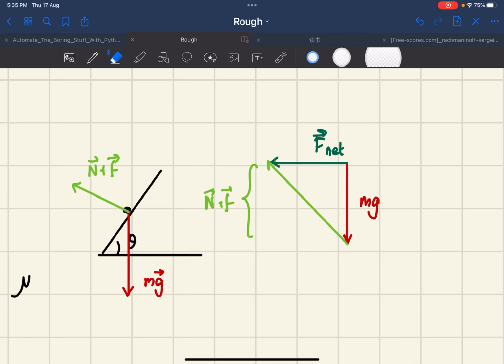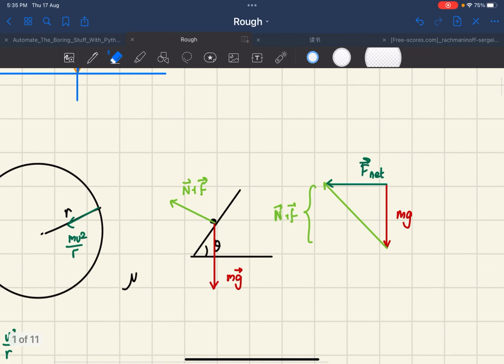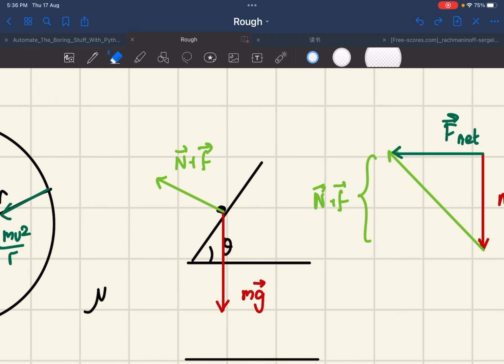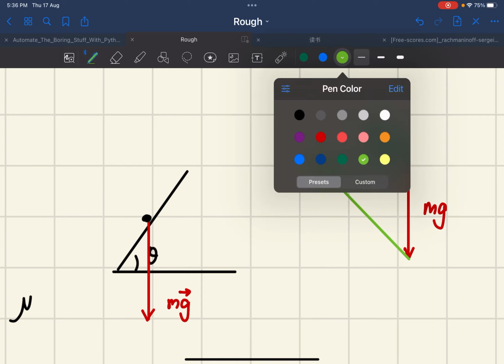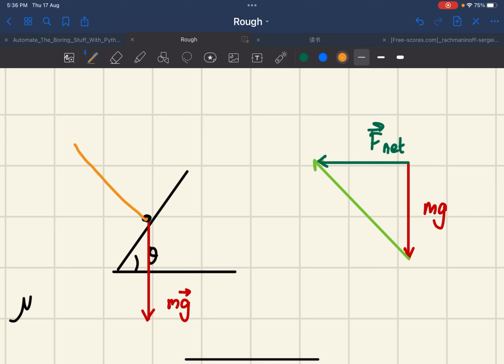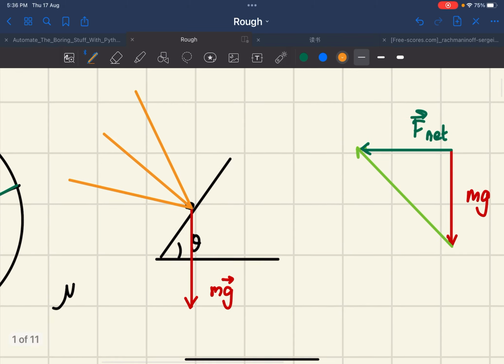Let us draw this triangle thingy onto this surface. Here's the normal. Here are the two lines which represent where the vector N plus F can exist.